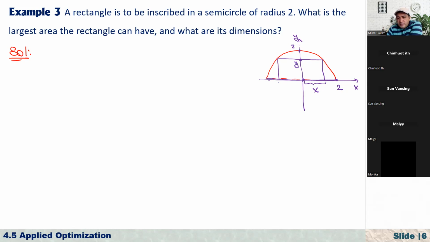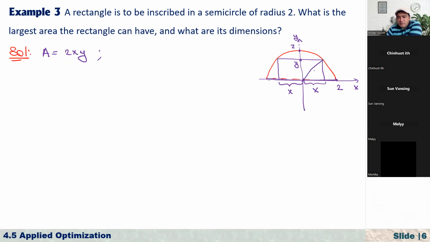So then what is the area of this rectangle? It is length times width. So the area of this rectangle will be 2x, that's length, times y, right? So we are going to maximize this under this given condition. To do this, first we have to find an equation that connects x and y so that I can reduce the number of variables into 1, so that our area becomes just a function of a single variable, since we are having single variable calculus.